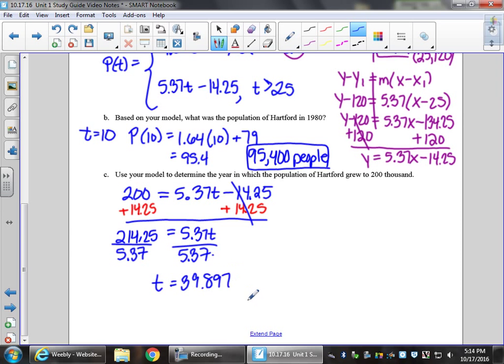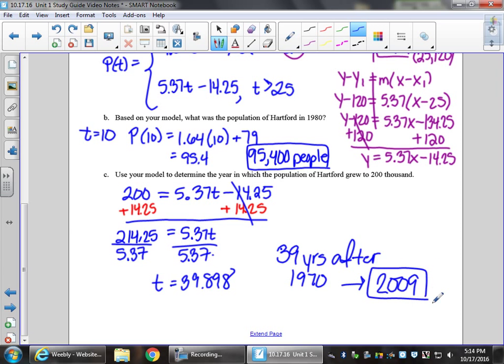If I go to 3 decimal places, 39.898. So even though this is 0.8, it's still going to happen in the 39th year. So 39 years after 1970, 2009, and we're done.